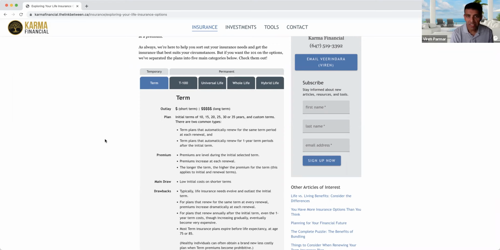If you have an estate that you've built up that you want to pass on to your loved ones, you may be subject to potentially taxes and probate and other fees. And so the larger the estate, the larger the fees you probably will be subject to, and you want some form of insurance to cover for those fees so that it doesn't eat at your estate.